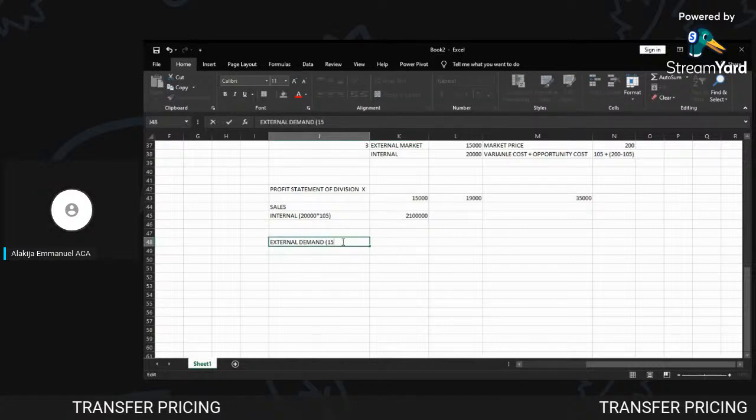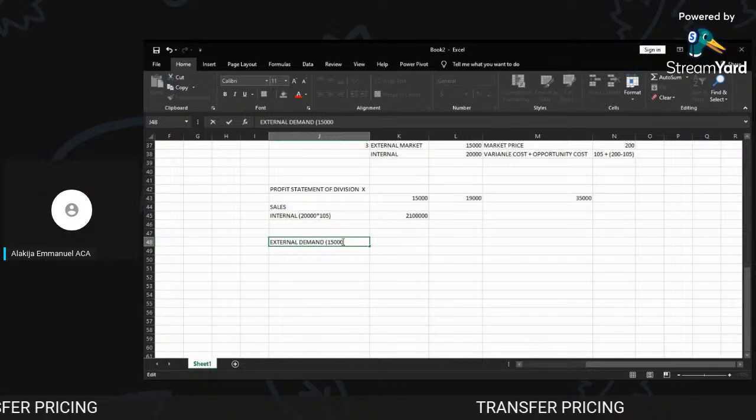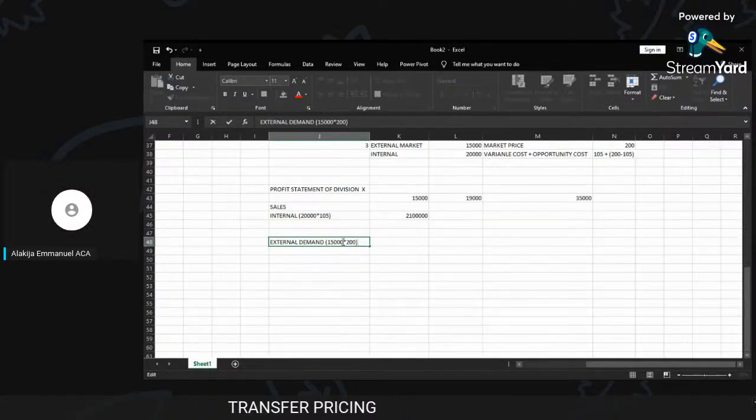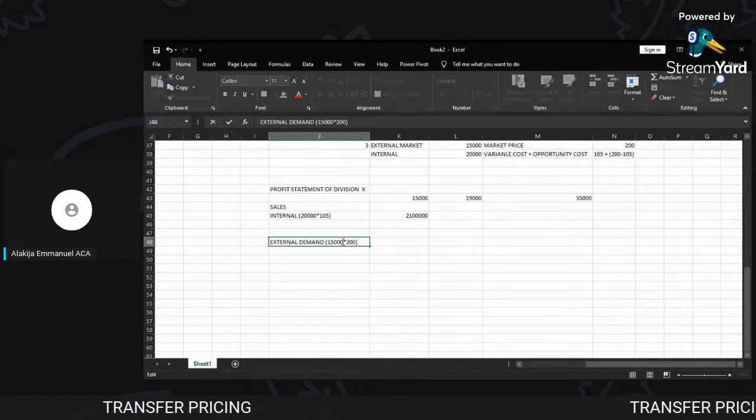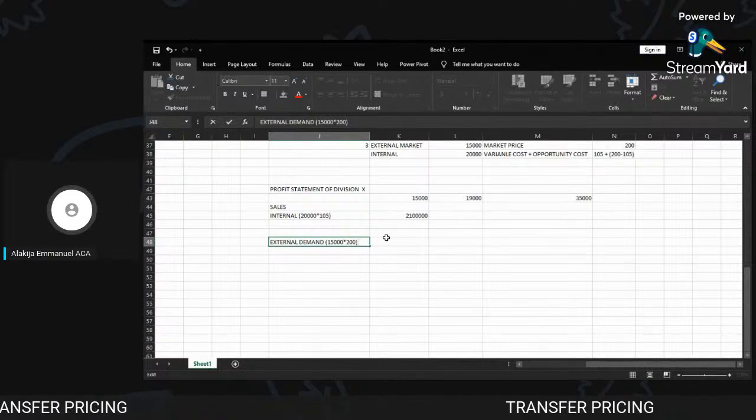External demand is going to be 15,000 multiplied by 200 naira, which is the market price. That's 3 million.